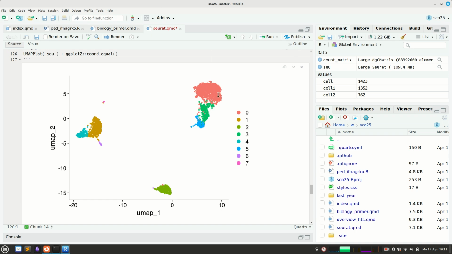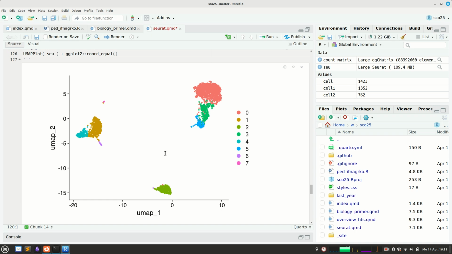But in that way, we now find groups of cells which are close to each other and which are now put in one color. And now we might want to ask, what are these cells? If you're a biologist and you know that this is peripheral blood mononuclear cells, that means cells taken from blood out of an arm vein, and we remove all the red blood cells and all the platelets and all the strange white blood cells which have more than one cellular nucleus, and only keep the normal white blood cells with one nucleus.